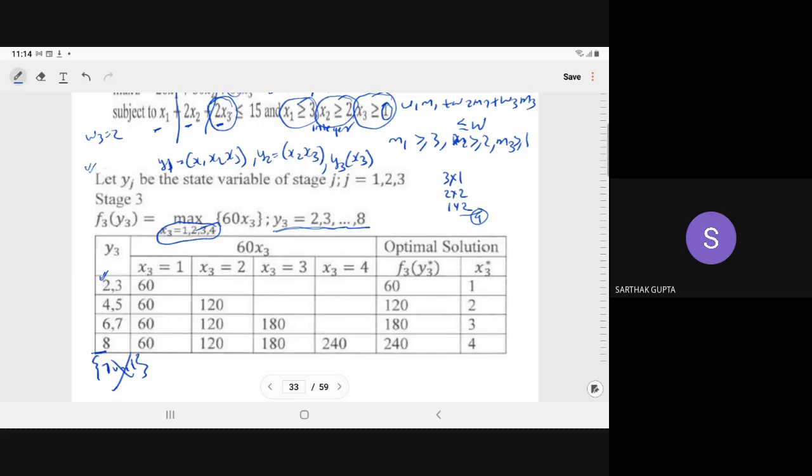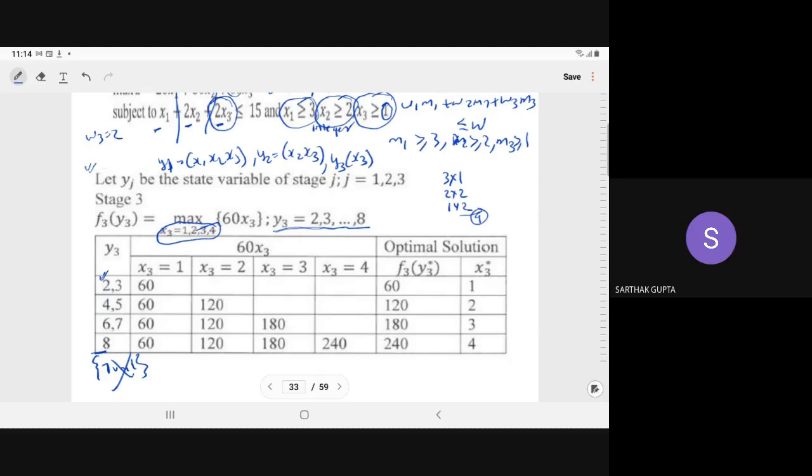So the maximum objective value will be 60, 120, 180, 240 corresponding to state variable 2, 3, 4, 5, 6, 7, and 8 respectively. And these objective values you get when we are allocating 1 item, 2 items, 3 items, 4 items of type 3 in stage 3.